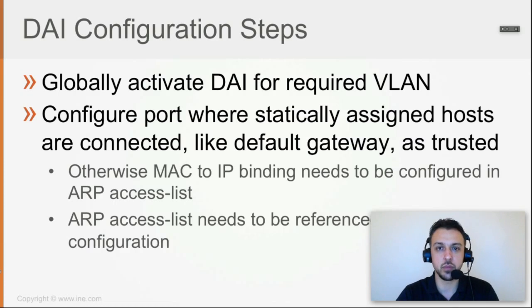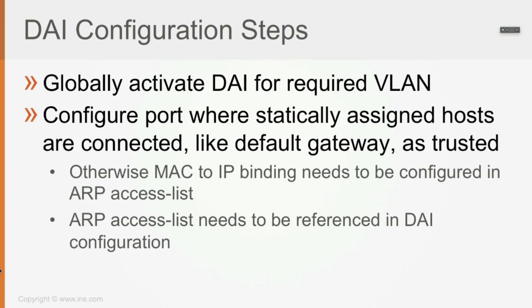It means that because we have statically assigned hosts on those interfaces, any ARP packets back and forth from those hosts are going to be allowed by the switch. Because otherwise, if you don't do this, then you're going to lose connectivity with all hosts which have static IP addresses in that subnet.